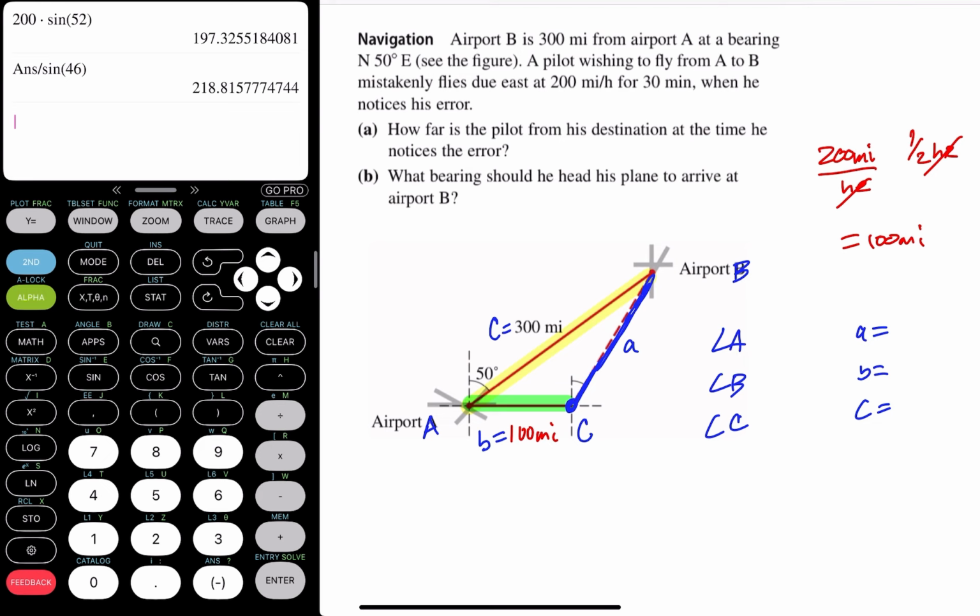So if this is 90 and this is 50, this has to be 40 inside here. So angle A is 40 degrees.